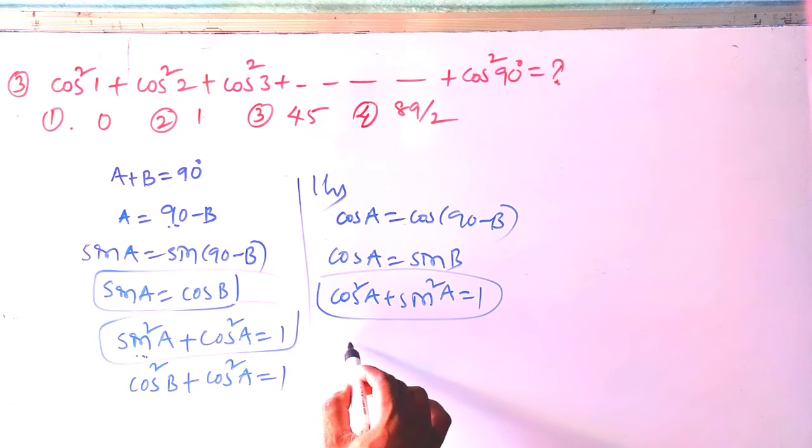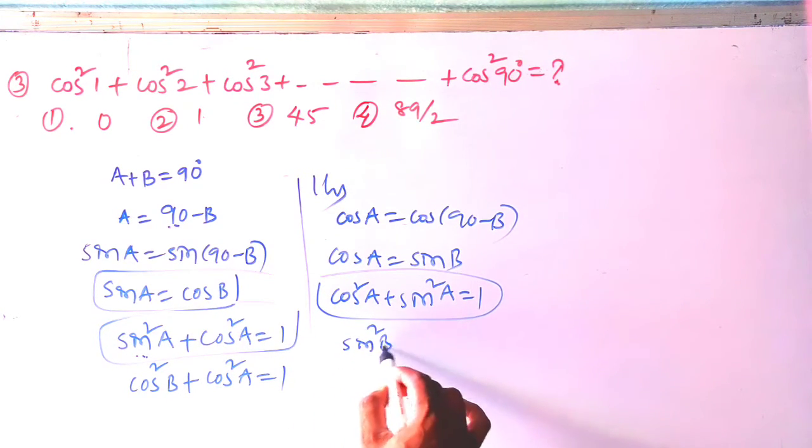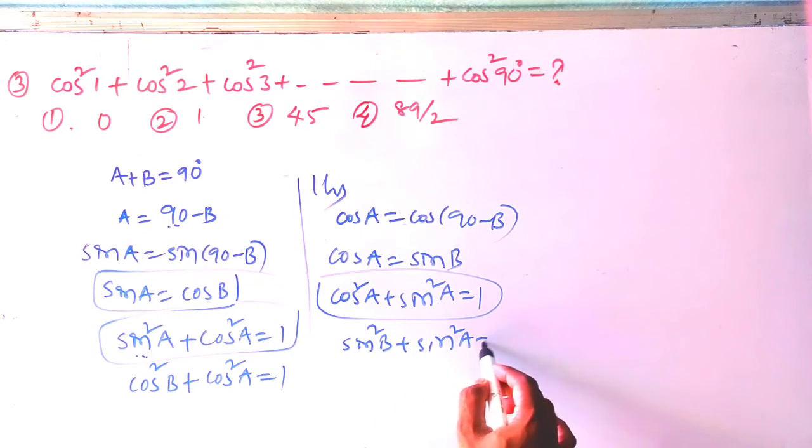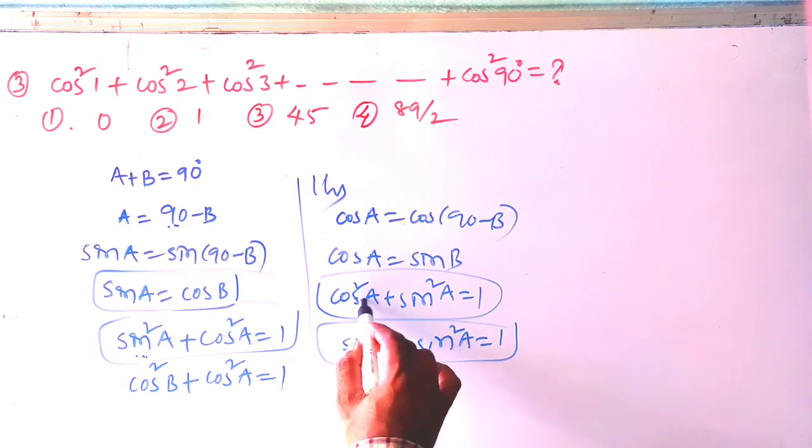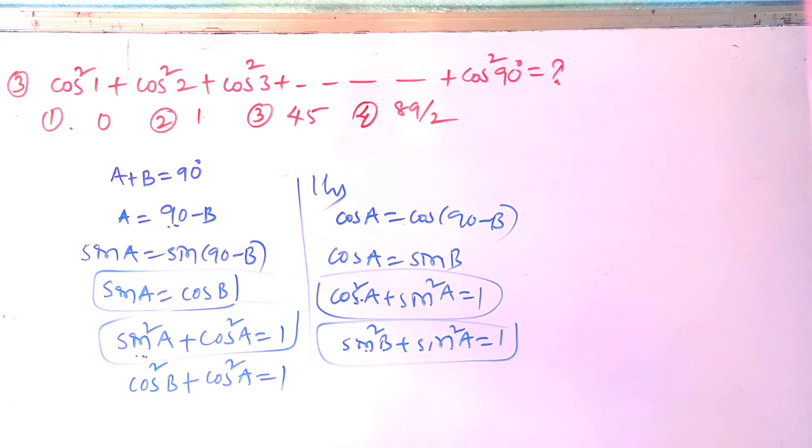So sin square b plus sin square a is equal to 1 here. So cos a equals sin b, which we substitute to get sin square b.